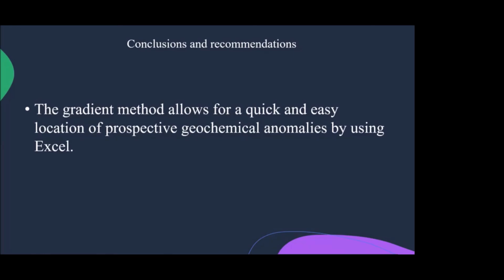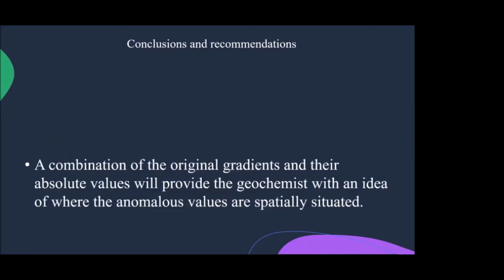It's very simple and very quick. A combination of the original gradients and their absolute values will provide the geochemist with an idea of where the anomalous values are spatially situated. This is a very quick, very fast process to get an idea of where the anomalies are going to be.